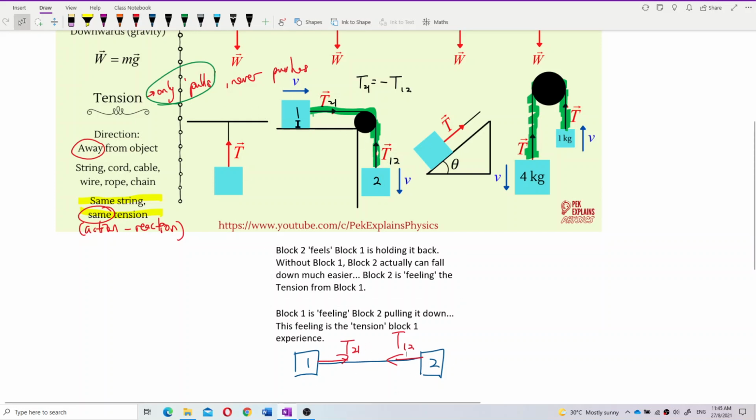Although it seems one is horizontal and one is vertical, in reality T21 and T12 are opposite in direction. If we straighten it so both are horizontal, we can see that T21 and T12 are opposite. Same string, same tension. Action-reaction force.